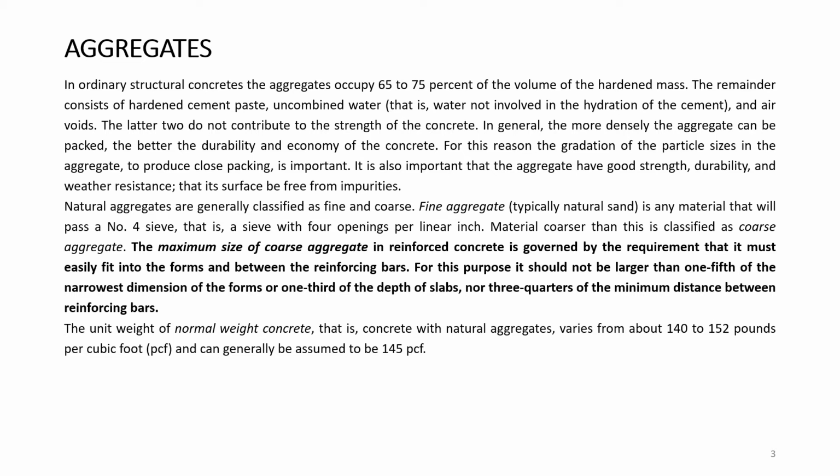And it should be well graded. That means all sizes must be present, not one size only. We call it a graded aggregate, and if we draw the gradation curve, it should form an S curve. That is the requirement for gradation of aggregate.